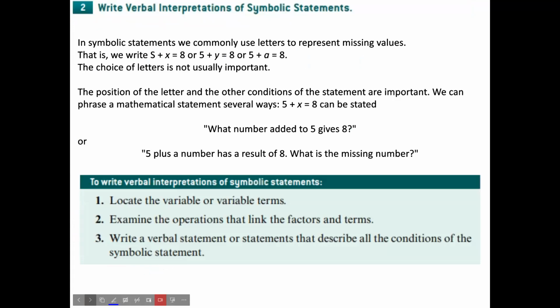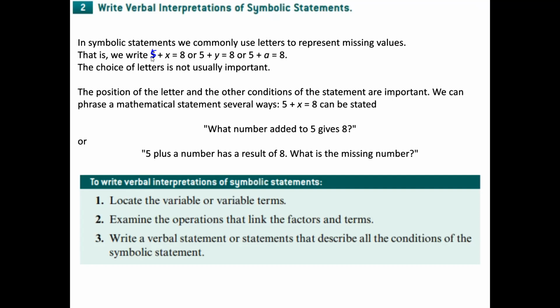So let's go and learn how to write verbal interpretation of symbolic statements. In symbolic statements, we commonly use letters to represent missing values. That is, we write 5 plus x equals 8, or 5 plus y equals 8, or 5 plus a equals 8.